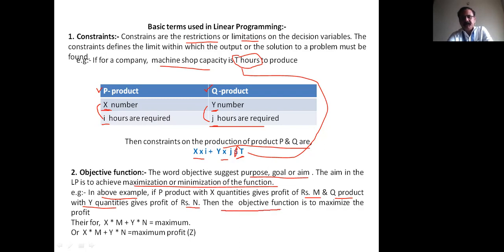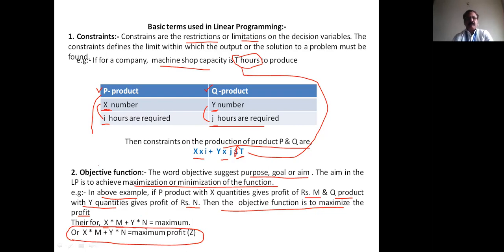The profit for P product is M, and for Q product it is N. So the objective function can be written as: total number of P products are X, each giving profit of rupees M, therefore X into M, plus total number of Q products are Y, each giving profit of rupees N, therefore Y into N. It should be maximum, and it is denoted by capital J.